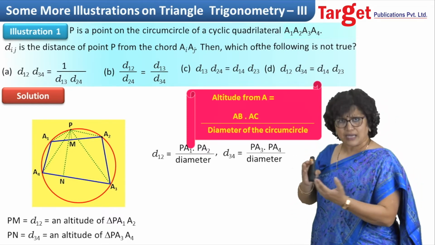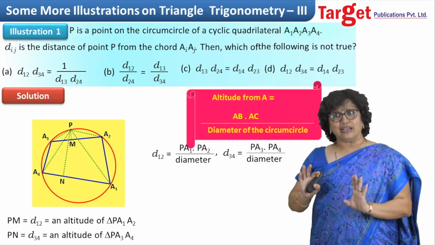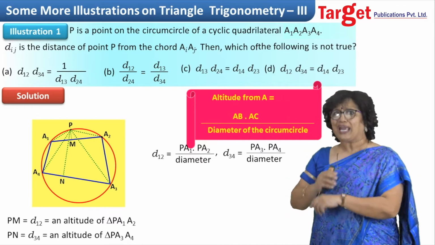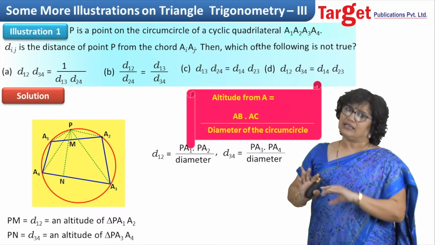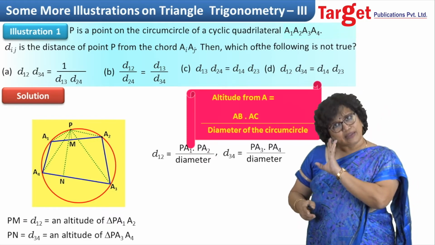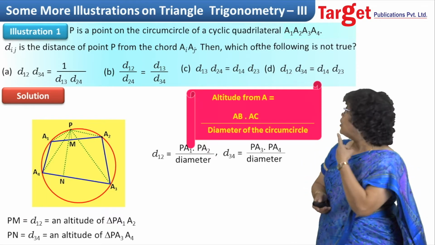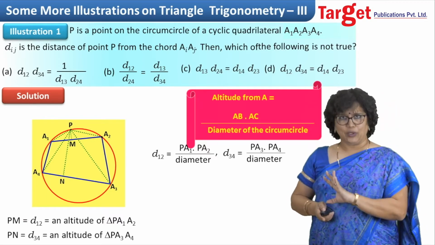I'm not writing the entire statement, diameter of the circumscribing circle, because for all the triangles, whether it is PA1A2 or PA1A3 or PA1A4, any triangle you take, the circumscribing circle is the same. So the diameter will remain the same throughout. So I'm just writing diameter. I hope everyone understands. Now, I am writing D34 and that would be PA3 into PA4 upon diameter.